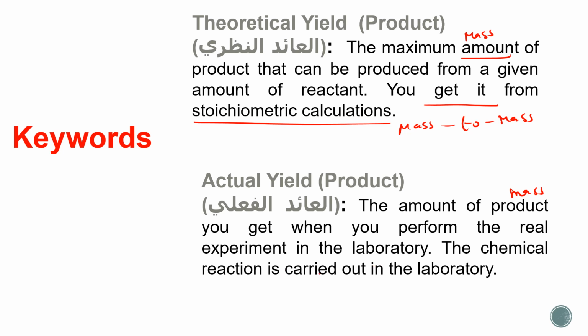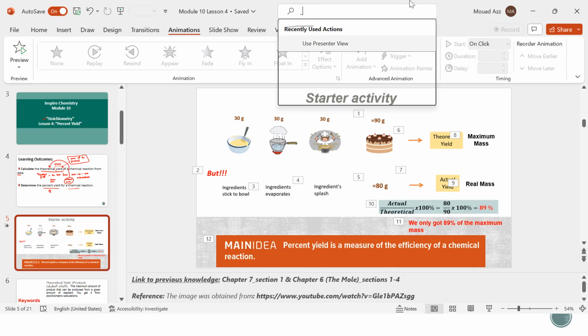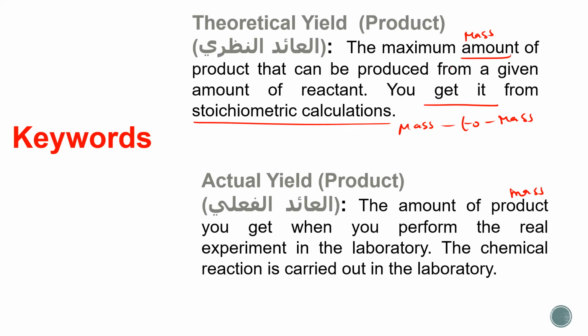The chemical reaction is carried out in the laboratory. يعني لما نسوي الأشياء بإيدنا، نصنع بإيدنا، نسوي التجربة بإيدنا، ونحسب الماس بالميزان. But the theoretical yield اللي هي نحسبها عن طريق الكالكوليشنز اللي هي stoichiometric calculations like mass to mass, mole to mole, and so on.